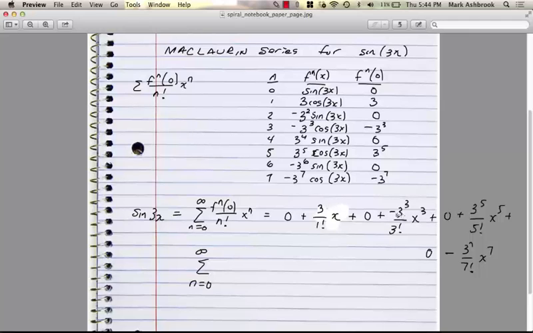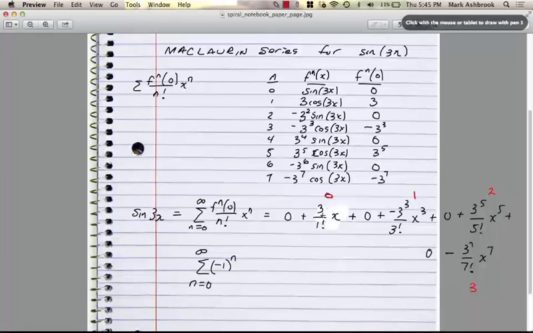And when n equals 1, we want to get negative 3. So first of all, it's alternating, so we're going to have our negative 1 to the n. When n equals 0, it's going to be positive. So we're going to reform this. Now our new n, this is n equals 0, and this is n equals 1. And this is n equals 2, and this is n equals 3. Does that make sense? We want the different n values to give us just the non-zero terms, so we're going to have an alternating effect.